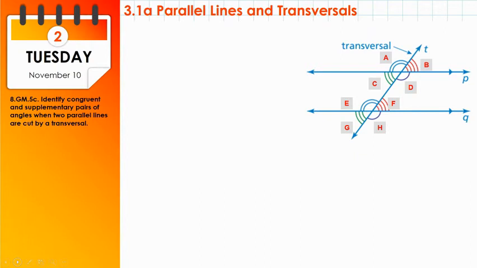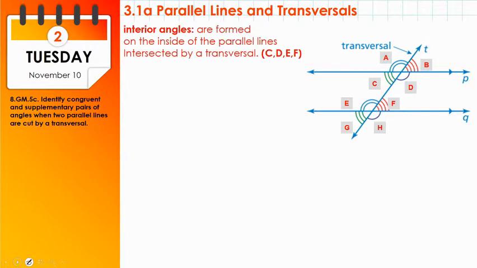So, parallel lines and transversals. Interior angles are formed on the inside of the parallel lines intersected by a transversal. So we've identified the transversal, which is on the screen.